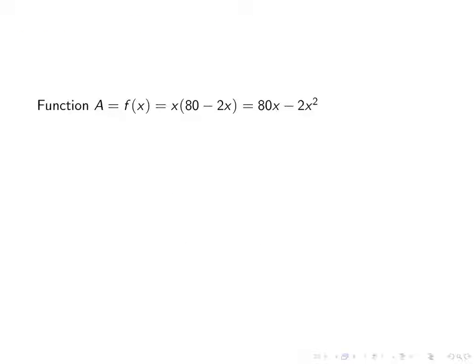So now you have the function for the area, A, which we call f of x, is x times y, and that is now x times (80 minus 2x). The point is that you no longer have a y in the equation. This is xy, which is now 80x minus 2x squared after multiplying through by x. And this function, A equals f of x, is the function that you want to maximize.